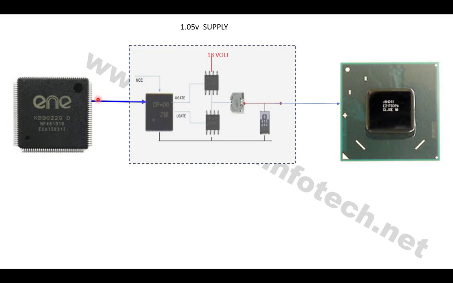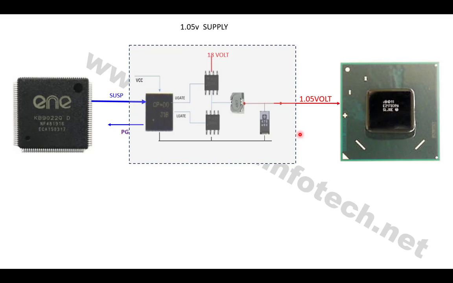The SIO generates this SUSP signal to enable this buck converter, and then this buck converter generates 1.05 voltage to the PCH, and then the PCH gets the power. Once this voltage gets stable, this buck converter generates a power good signal. So in this way this 1.05 voltage will be generated.